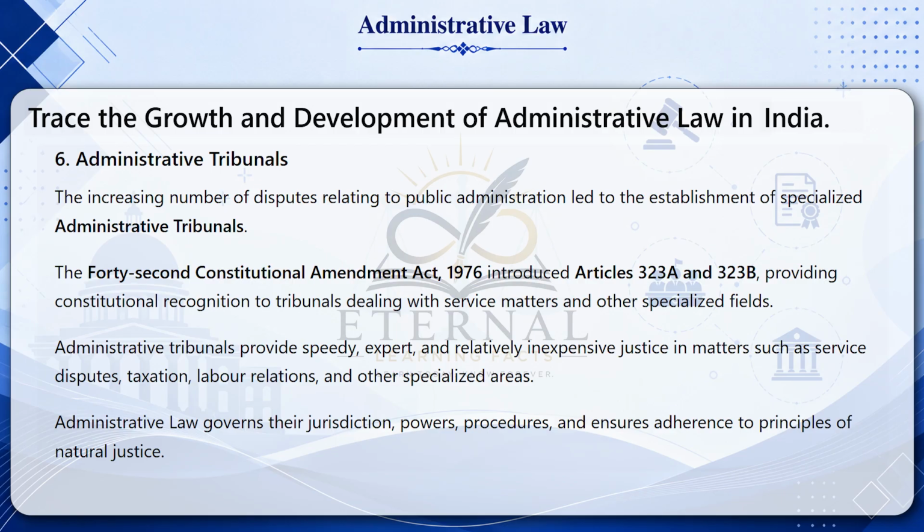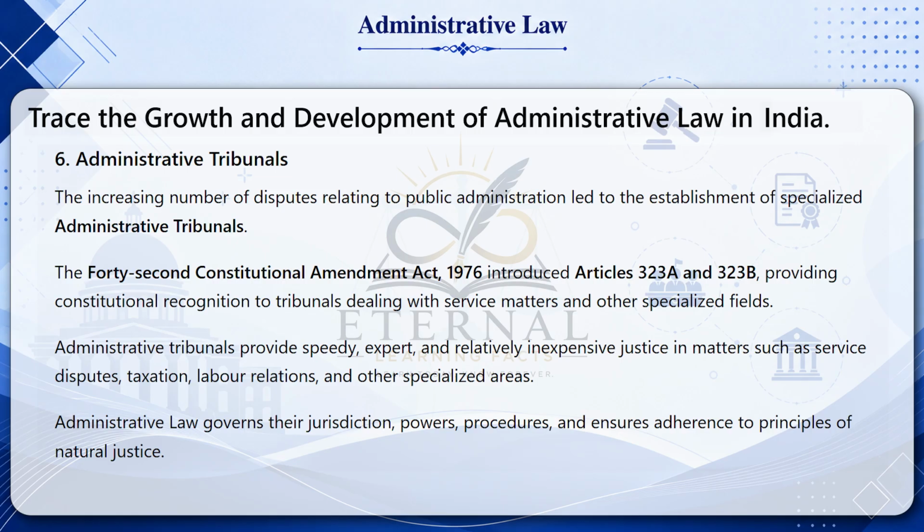Sixth, administrative tribunals. The increasing number of disputes relating to public administration led to the establishment of specialized administrative tribunals. The 42nd Constitutional Amendment Act, 1976 introduced Articles 323A and 323B, providing constitutional recognition to tribunals dealing with service matters and other specialized fields.